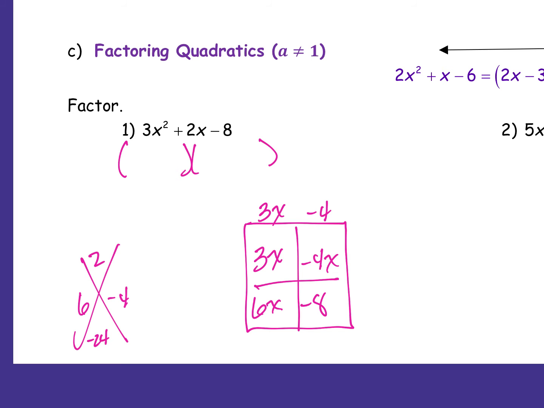X. And what goes into 6x and negative 8? 2. Beautiful. And you can see if you got the right answer because x times 3x, oh sorry, this should be 3x squared. My bad. And x times negative 4 is negative 4x, 3x times 2 is 6x, and 2 times negative 4 is negative 8. So my answer is 3x minus 4 times x plus 2.